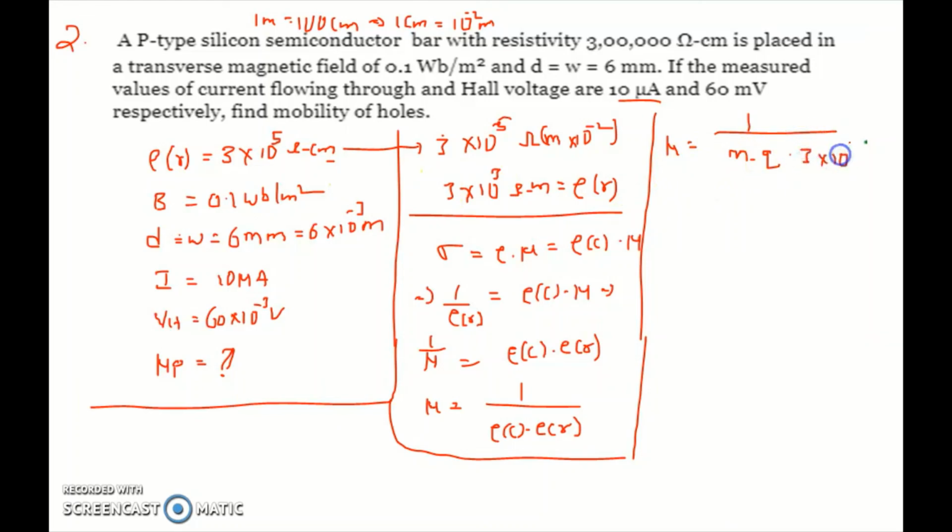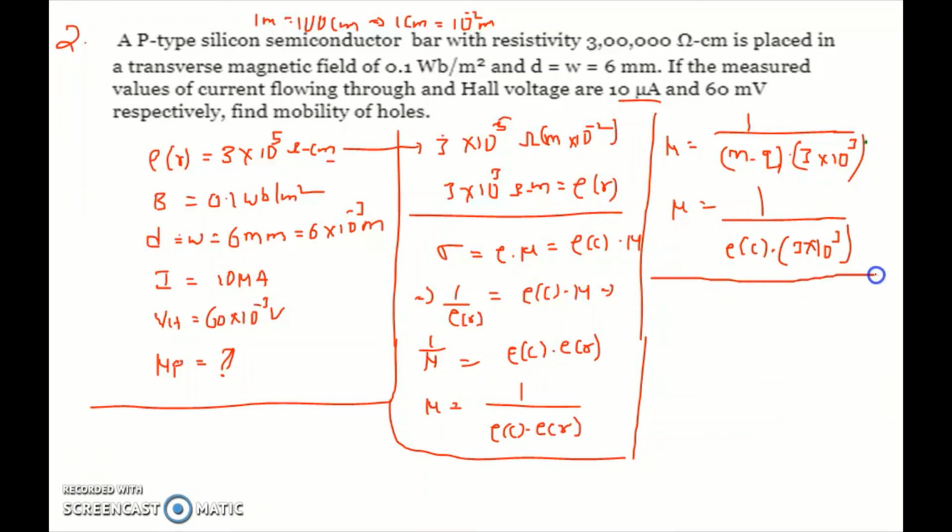So mu is equal to 1 divided by charge density, directly represented here as nq, into 3 into 10 power 3. So let it be equation number 1.